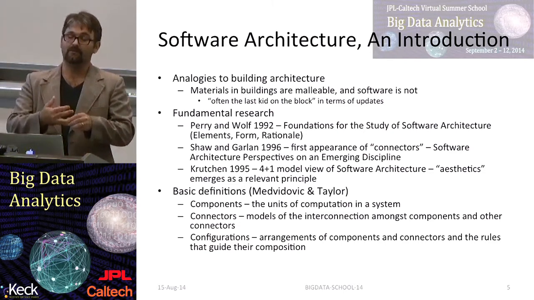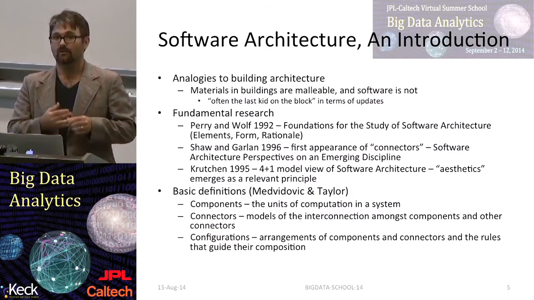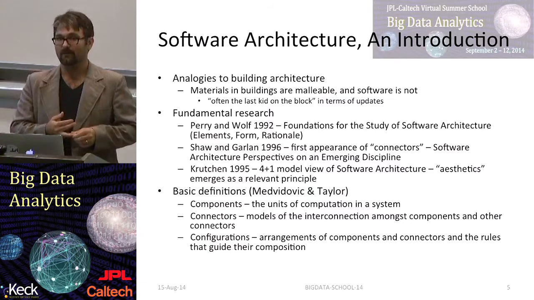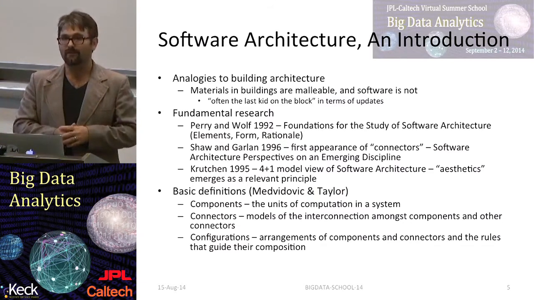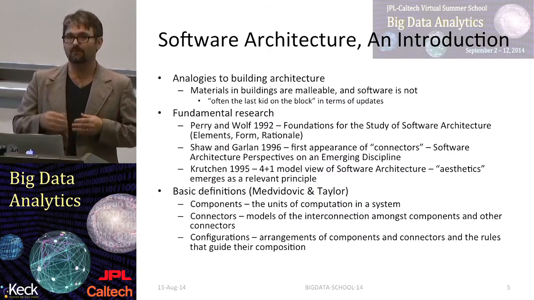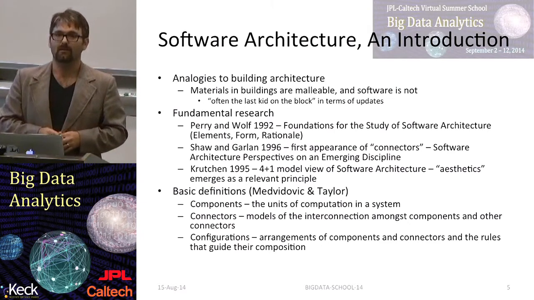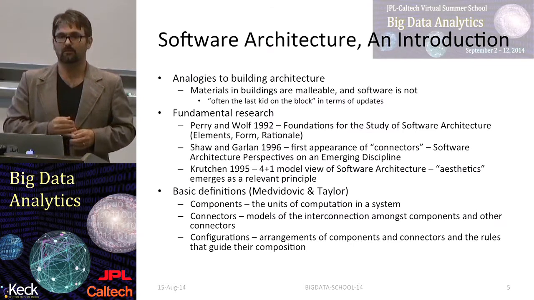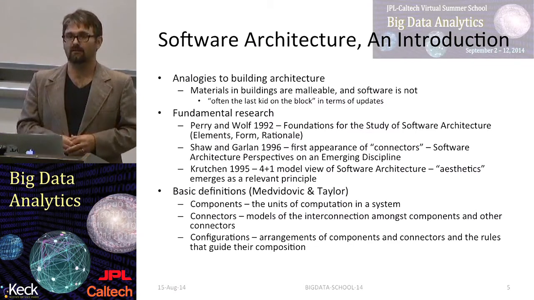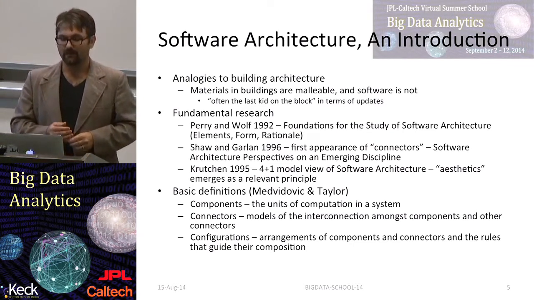Software architecture consists of components, which are the units of computation in the system. The components may compute on things, they may maintain internal state, we may have components for data processing, and components responsible for conversion of things, for sending information.